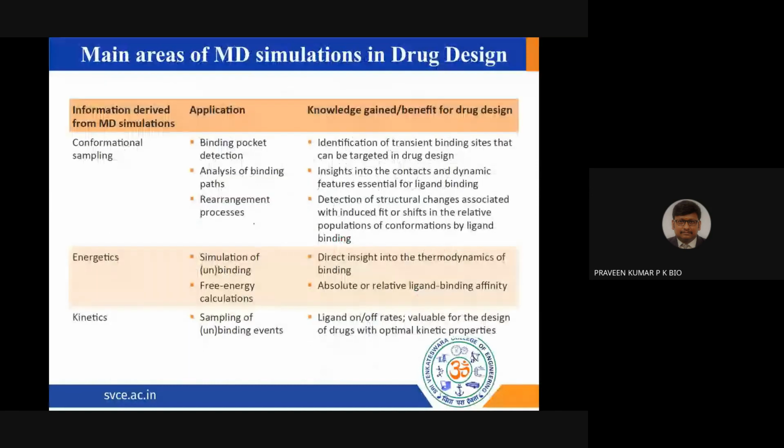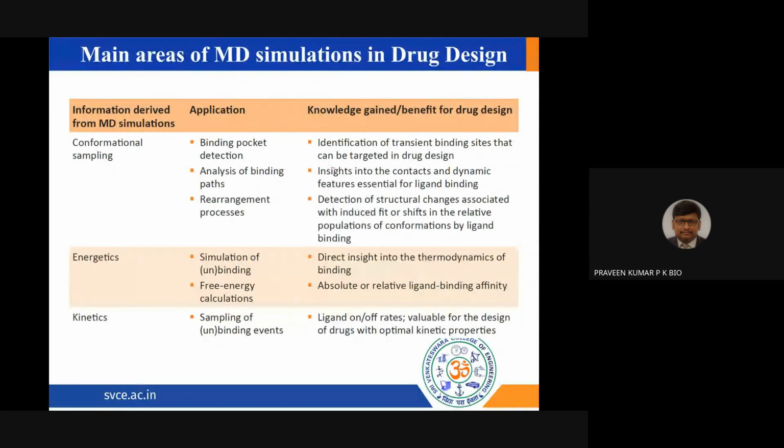Okay, and if you see the main areas of MD simulations in drug design, we can find conformational sampling. Under the conformational sampling method, you can find applications like binding pocket detection. You can also find binding pocket detection in molecular docking.